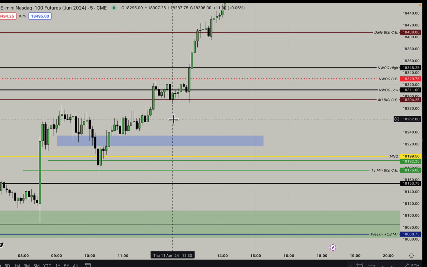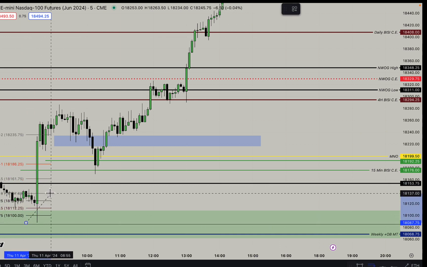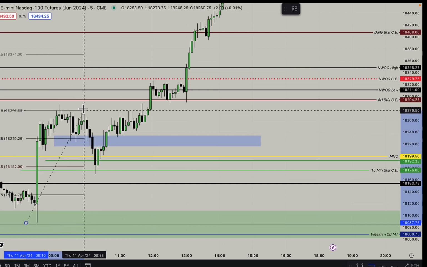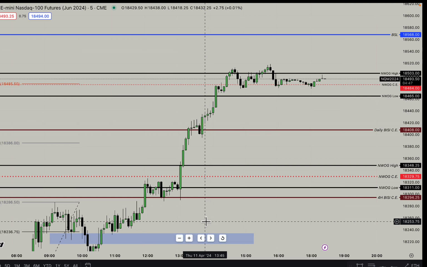What are we looking for? Well, a Fibonacci approach, easy peasy. You can go low to high with your standard deviations.